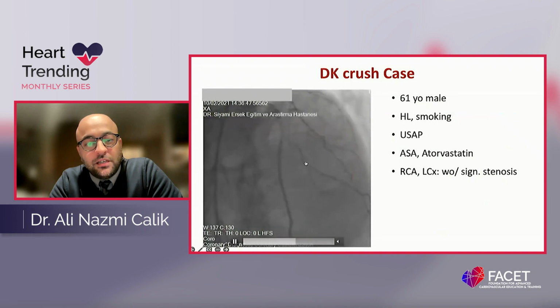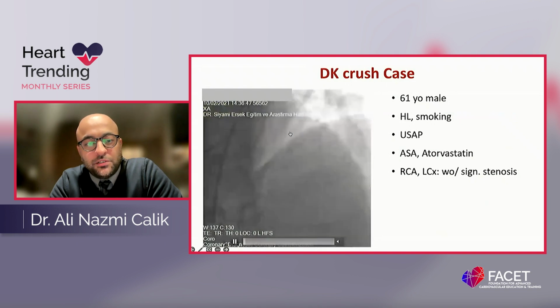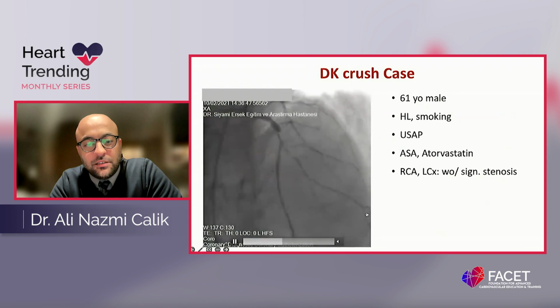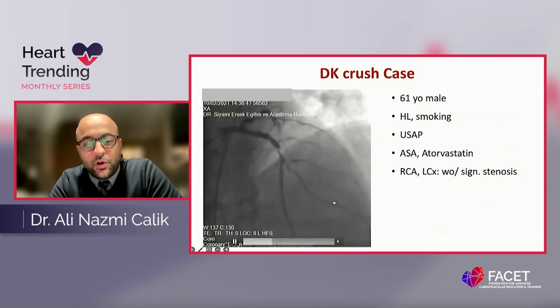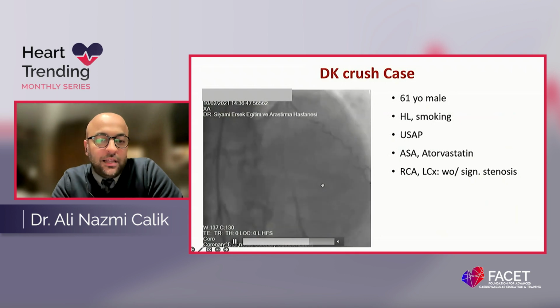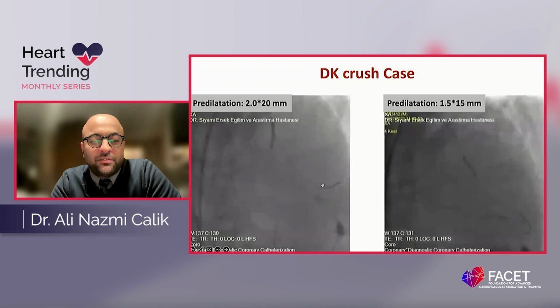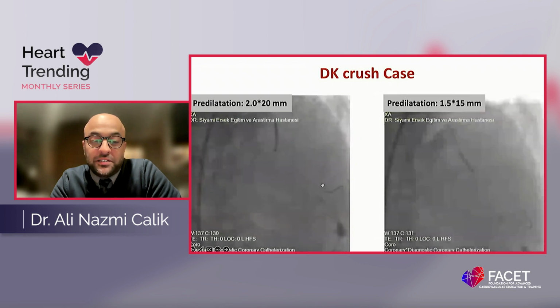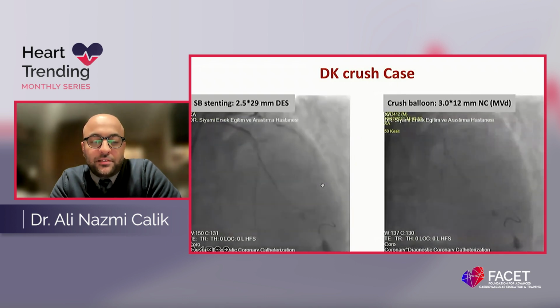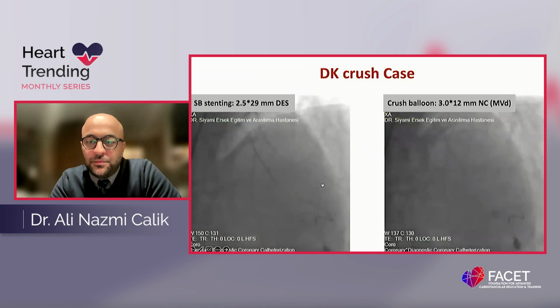And you see the side branch, which is really long, a relevant side branch going through the apicolateral wall of the left ventricle. Of course, after predilatation, I did this case 2.5 or 3 years ago, let's say. Then I parked my crush balloon and the stent in the side branch.